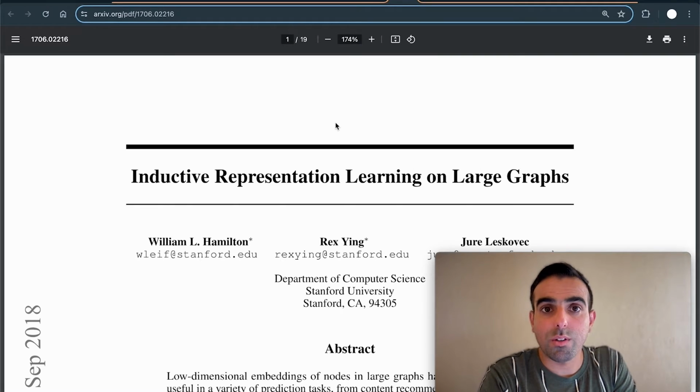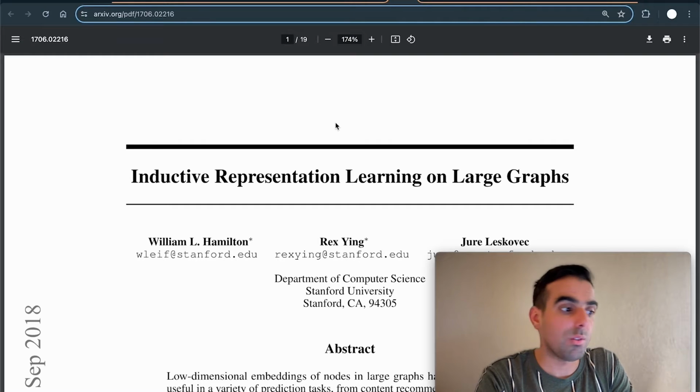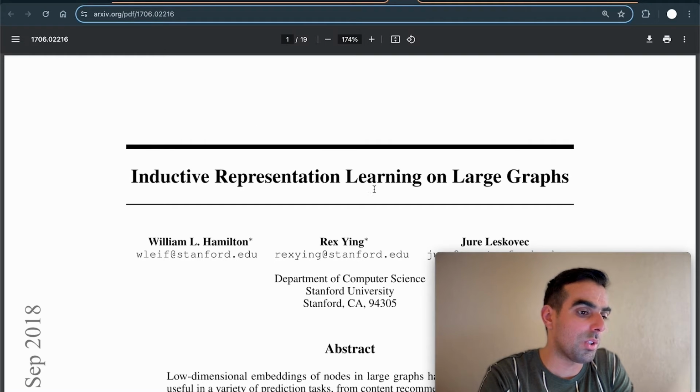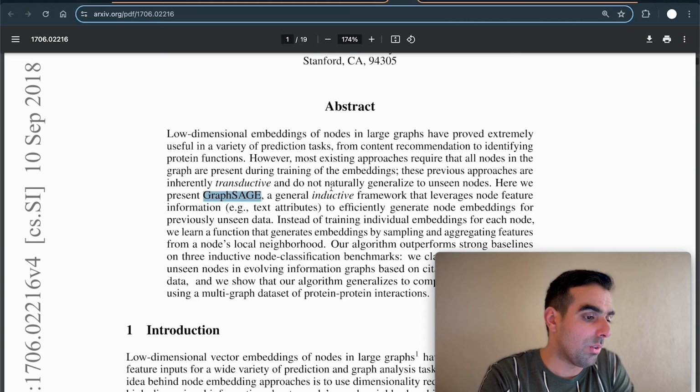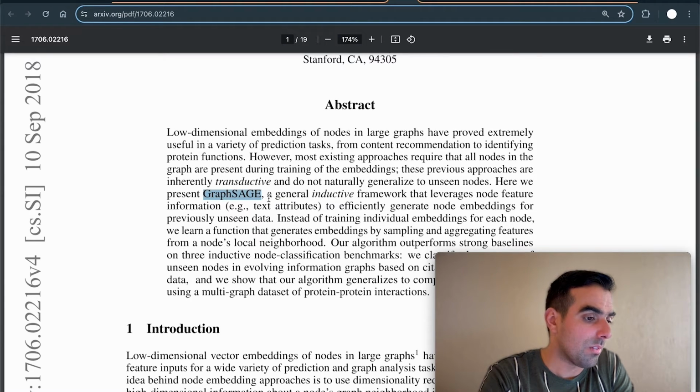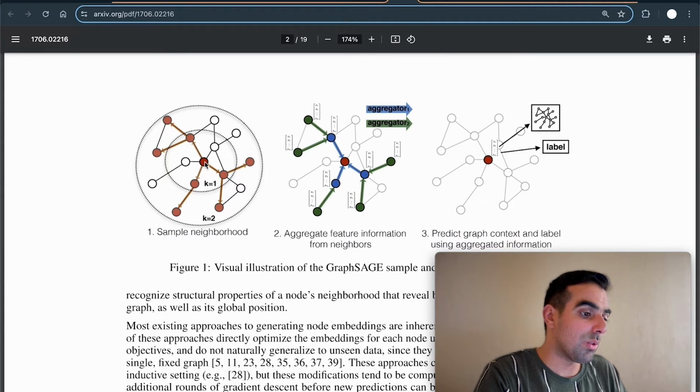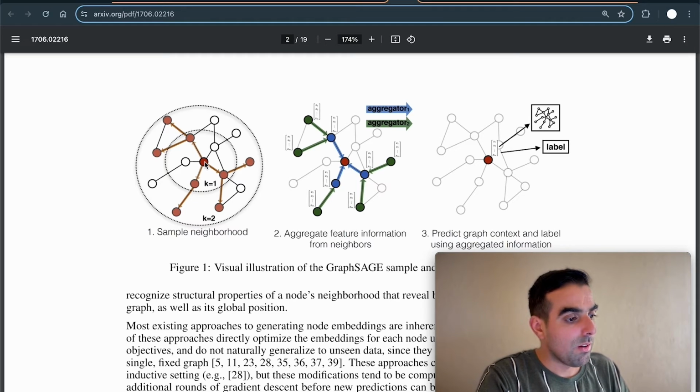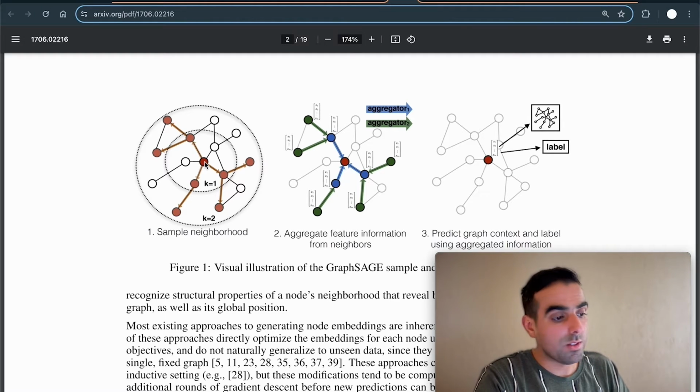The first paper on sampling for graph neural networks is called Inductive Representation Learning on Large Graphs, or it is known as GraphSAGE. So what this paper introduces is sampling neighborhoods. Given seed points, this is the seed point in this example. First, for the first hop of GCN, we will sample direct neighbors.